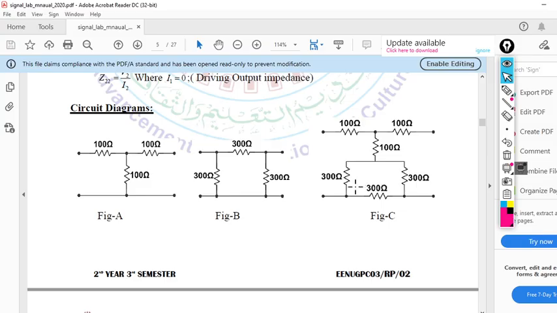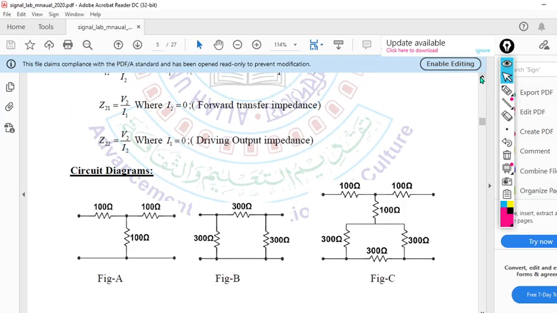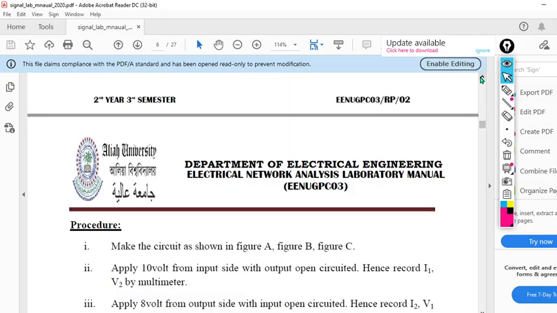First you will give supply here, 10 volt plus minus. Then what is the procedure? Apply 10 volt from the input side with the output open circuited. Hence record I1 and V2 by multimeter.